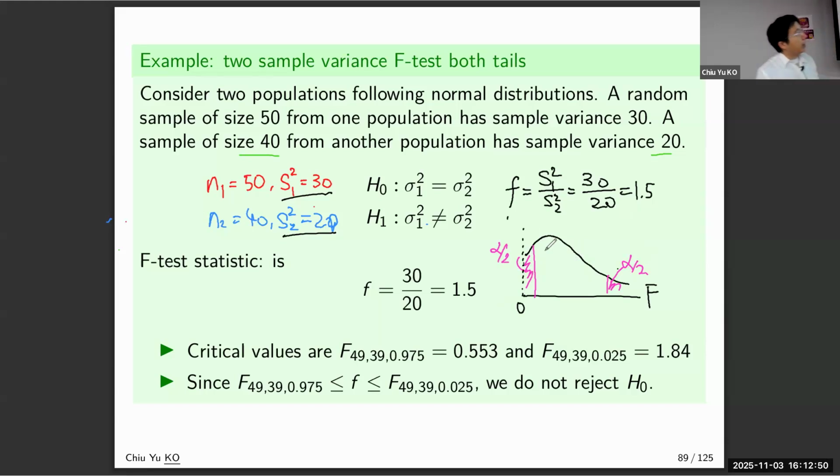And which F table are we going to check? Numerator is N1 minus 1, so we look at 49. And what's N2 minus 1 here? It's 39. So if 1.5 is in either of these areas, you reject.